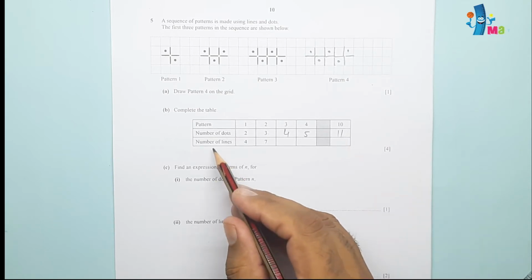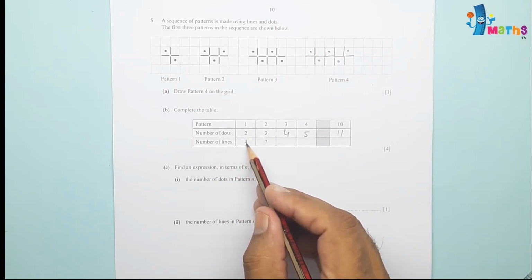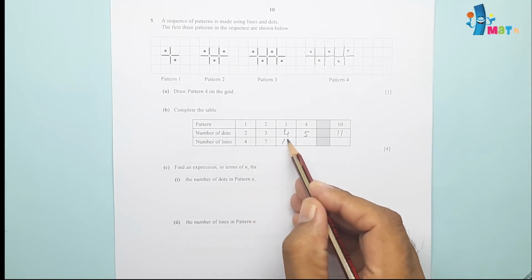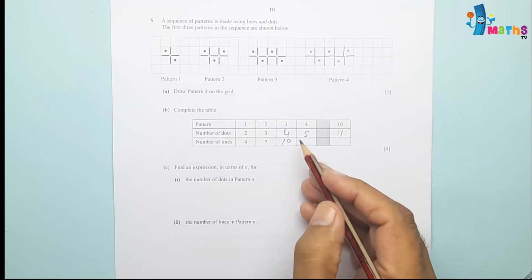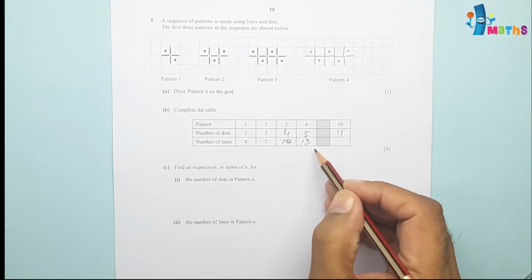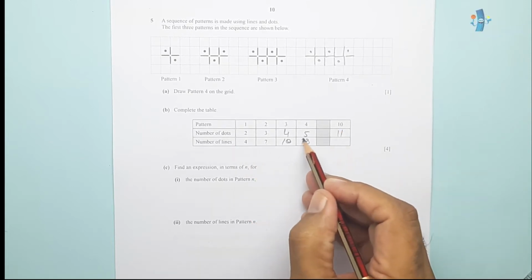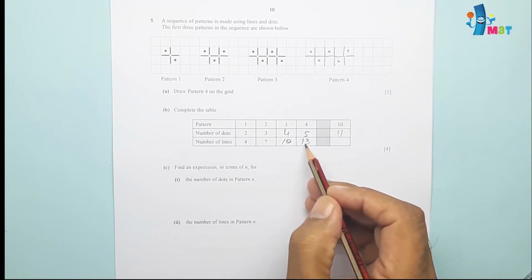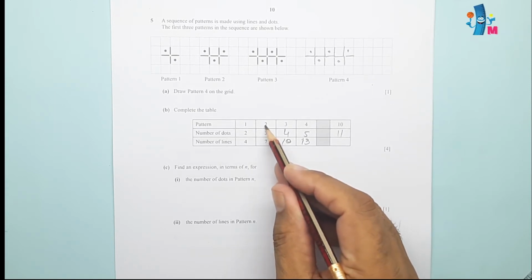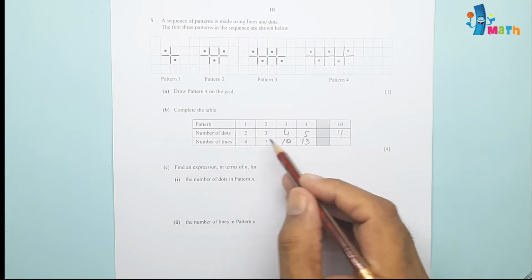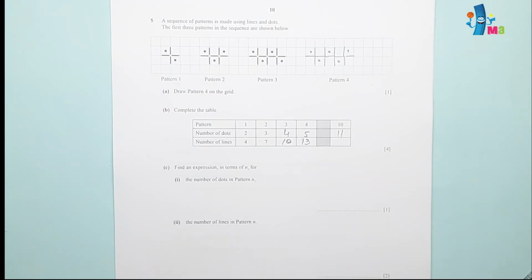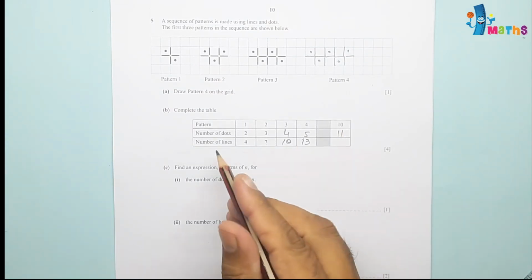having 11. Similarly, number of lines in the first one are 4, then 7, then 10, then 13, an increment of 3. And how can we find the 10th?